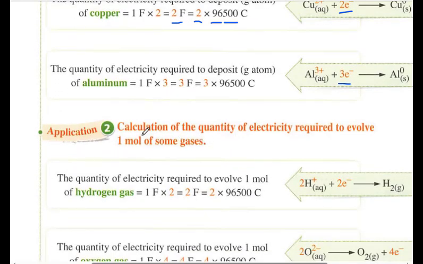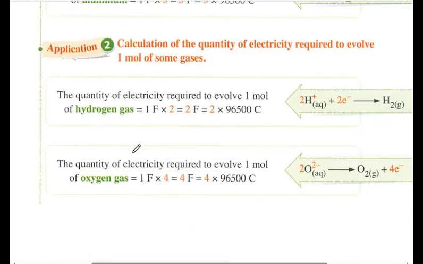So this is the calculation of the quantity of electricity required to evolve 1 mole of some gases. Here we have to know that these gases are diatomic gases, not monoatomic. So we have to calculate the moles of electrons required to liberate 1 mole of any gas.